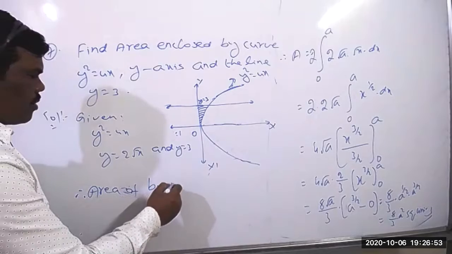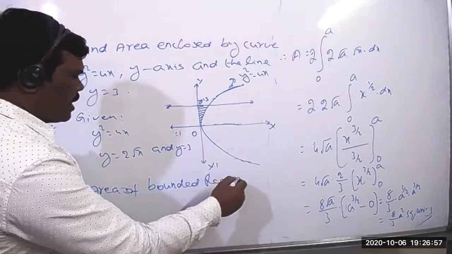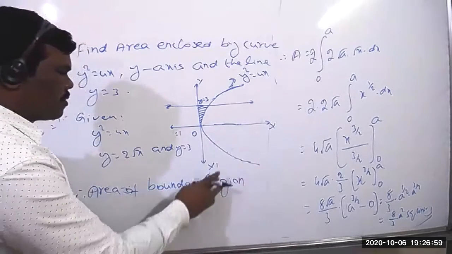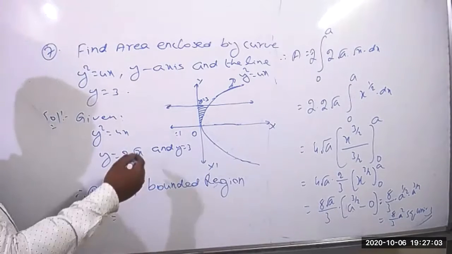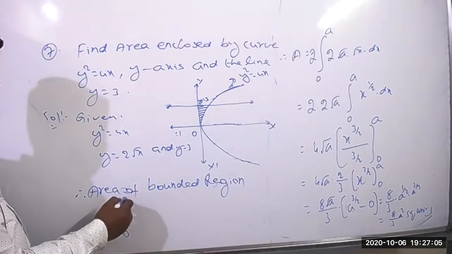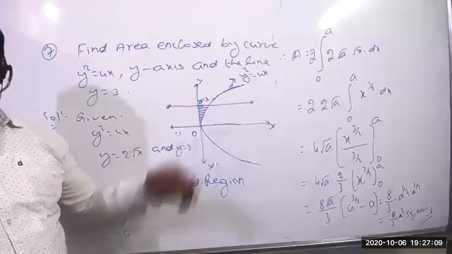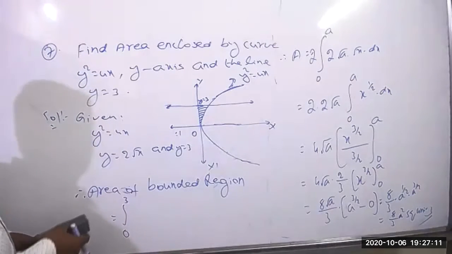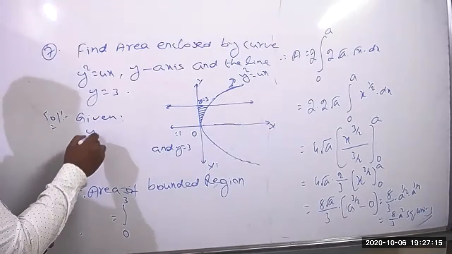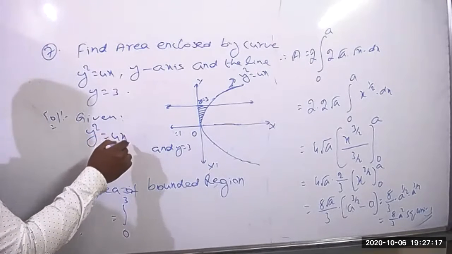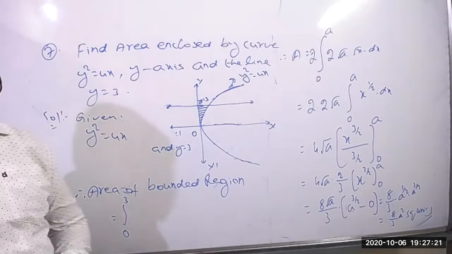Area of the bounded region is equal to integration from 0 to 3, but we are taking the limits on the y-axis. Then what do we have to find, the value of y or the value of x?